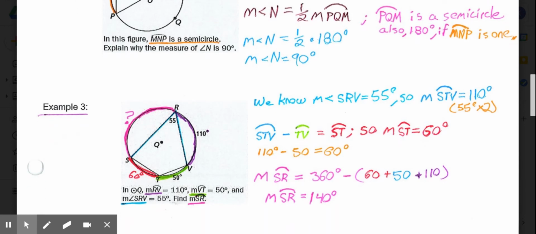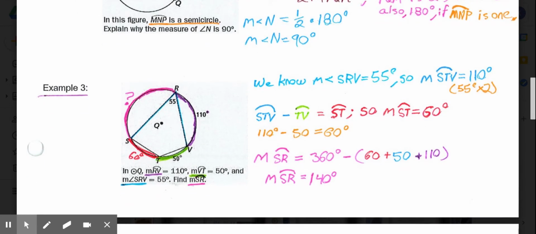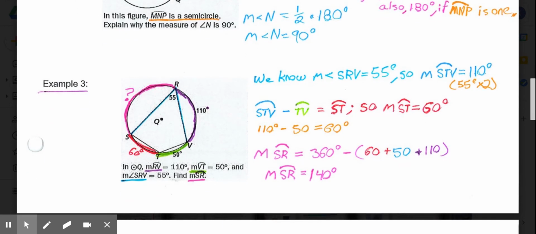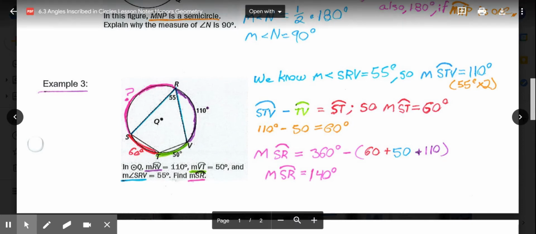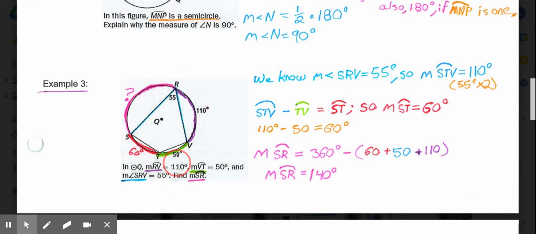And then example 3. What they tell us is in circle Q, the measure of arc RV is 110 degrees. So R to V here is 110 degrees. From V to T, this piece down here, is 50 degrees.